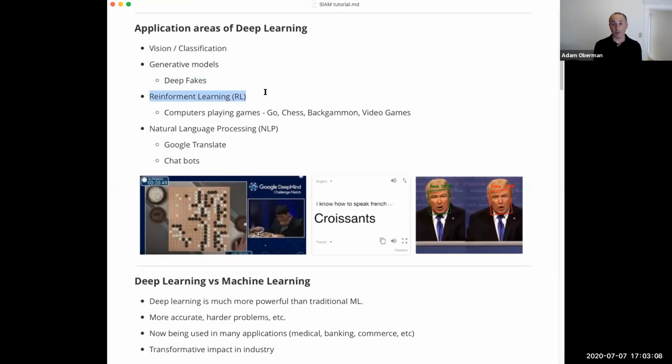We know the famous examples, some go back a long time, like chess and backgammon, and some are very recent, like Go, as well as the idea that eventually we could use reinforcement learning to have computers drive cars or fight in drones or whatever. And there's natural language processing, which is like Google Translate or chatbots. That's pretty different, I think, from these other fields. I don't know as much about it. Here you see some visualizations of examples of these things.